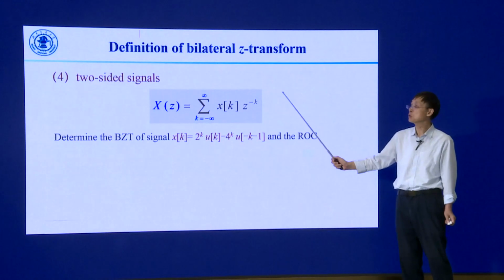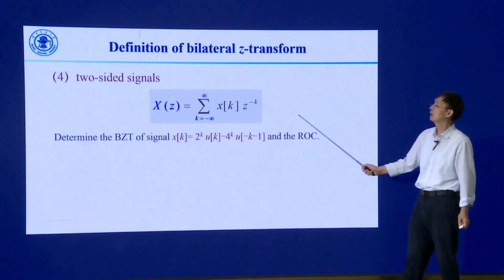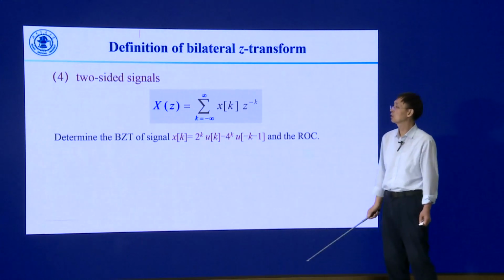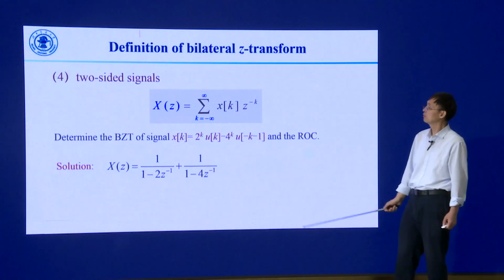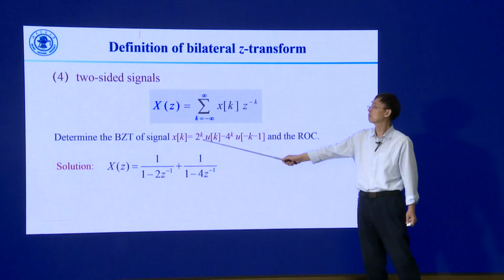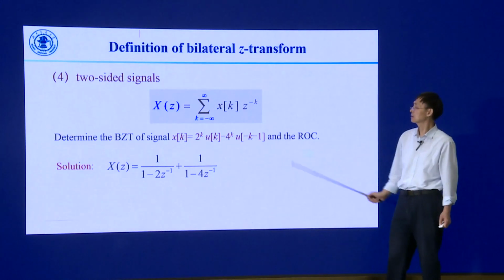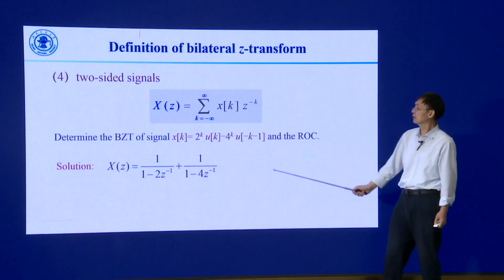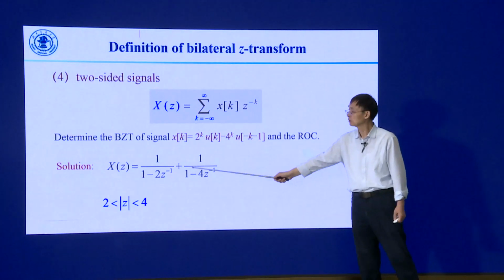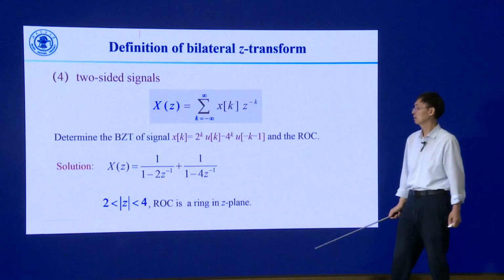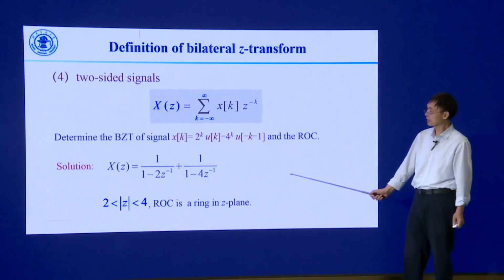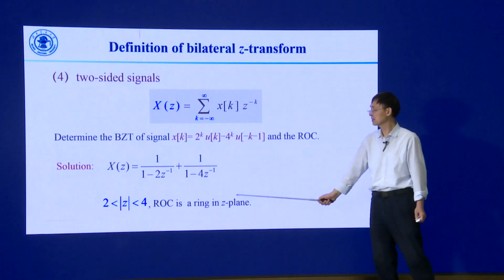For the two-sided signals, according to the definition, we can get this bilateral Z transform. Here, the ROC is a ring in Z plane.